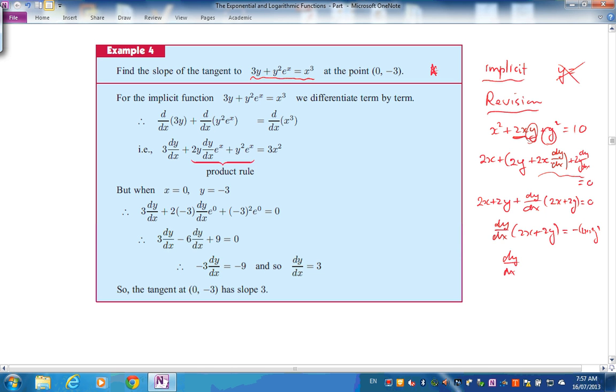Therefore dy by dx equals negative 2x plus 2y over 2x plus 2y, so it's going to be negative 1. That's interesting. The slope of the tangent of this function is always negative 1. That's what it's saying. And do you agree with that?